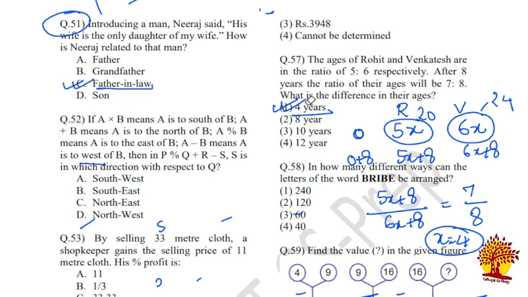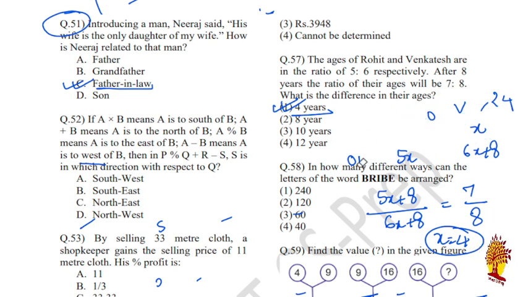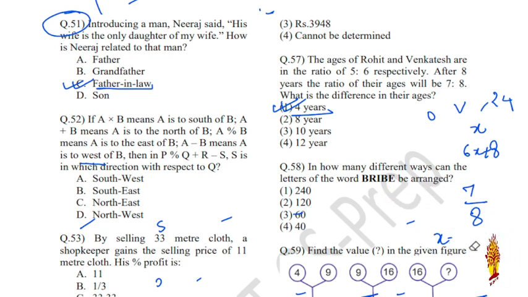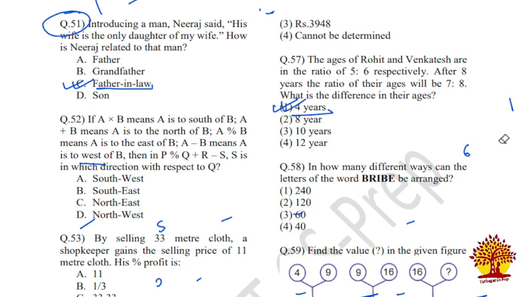Next one, in how many different ways can the letters of BRIBE be arranged? Okay, BRIBE, it has 5 letters: 1, 2, 3, 4, 5.